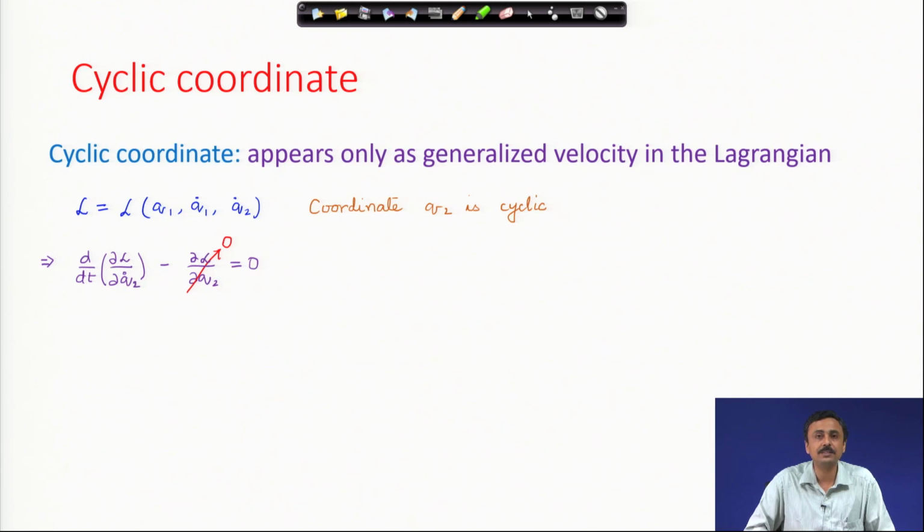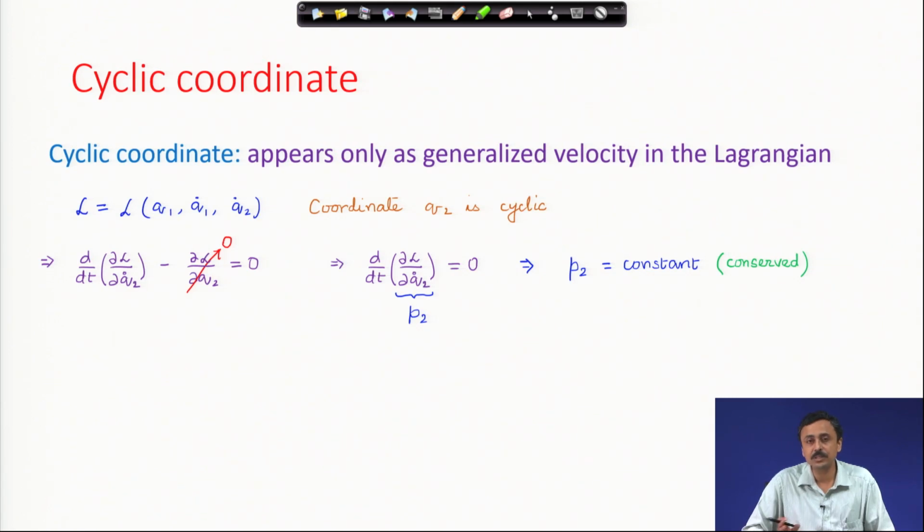What it says, therefore, is that in the presence of a cyclic coordinate, the total time derivative of that generalized momentum is 0. This is the generalized momentum, we will call it P2, and its derivative is 0. The total time derivative of P2 being 0 means P2 is conserved. It is a constant quantity as the system evolves, a constant of motion.